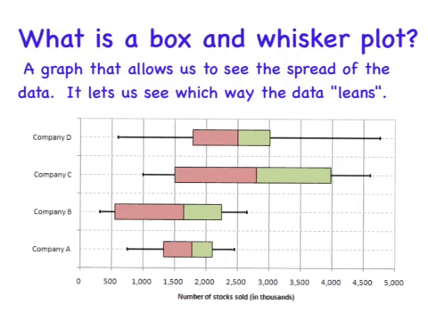It's really far apart, whereas company A is really close together. We can see that company B leans more to the left, whereas company C leans more to the right. And we're going to talk more about what each one of these means and how spread out or which way it leans and what that has to do with us. But today we're just looking at all the different pieces.